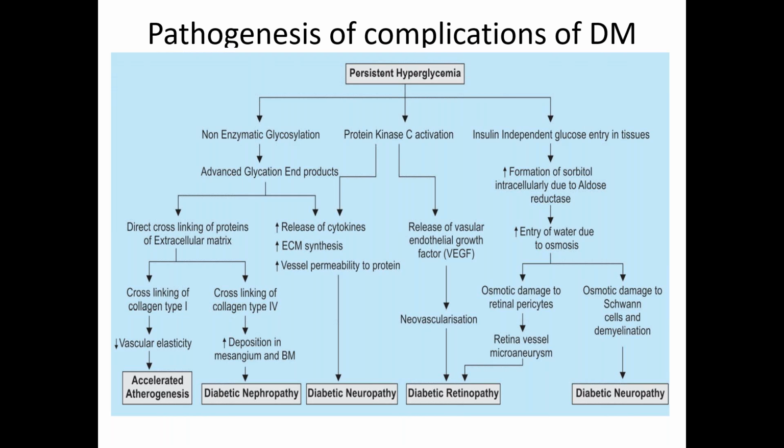And another thing is some tissues like lens, nerves, and some blood vessels and kidneys do not require insulin for uptake of glucose. Glucose directly enters into the tissues, into the lens, nerves and some other tissues, without requirement for the insulin. So with hyperglycemia, the high glucose enters into the tissues.